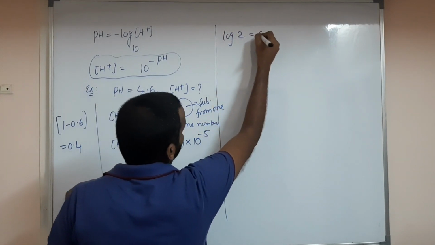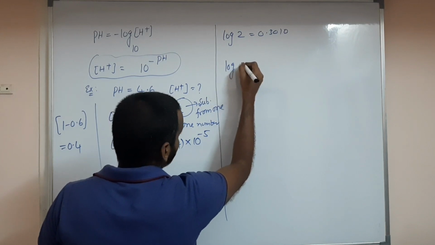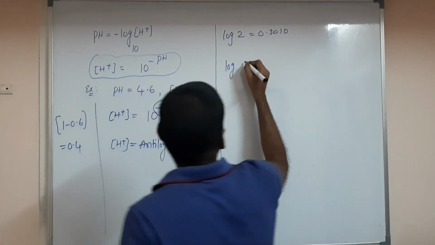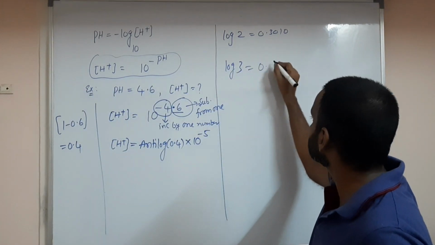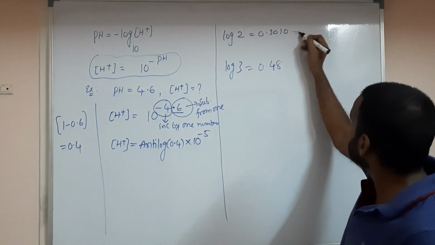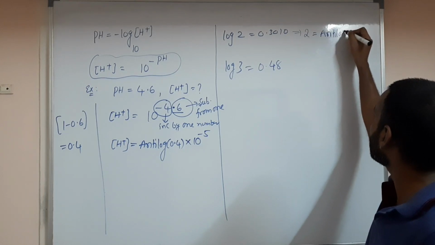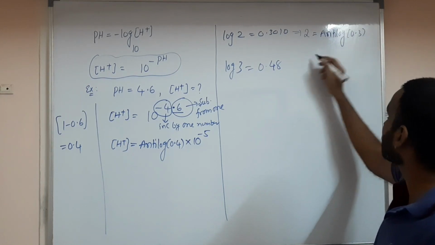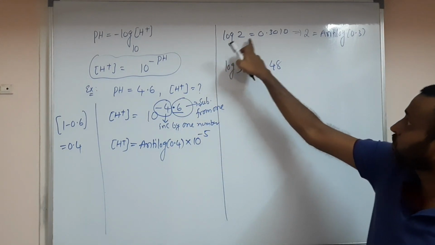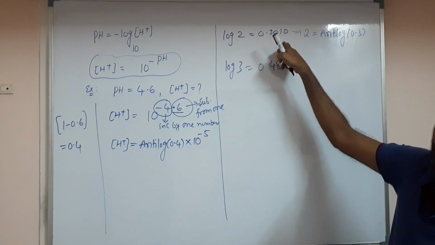Log 2 is 0.3010. Log 3 value is 0.48. So what is 2? 2 is equal to anti-log of 0.3. Correct? Log 2 is 0.3, so 2 is equal to the anti-log value.